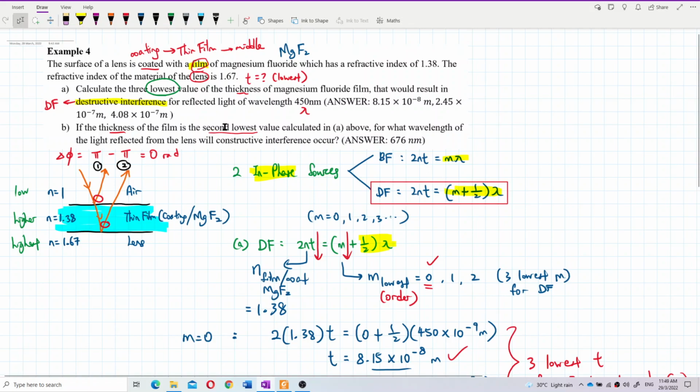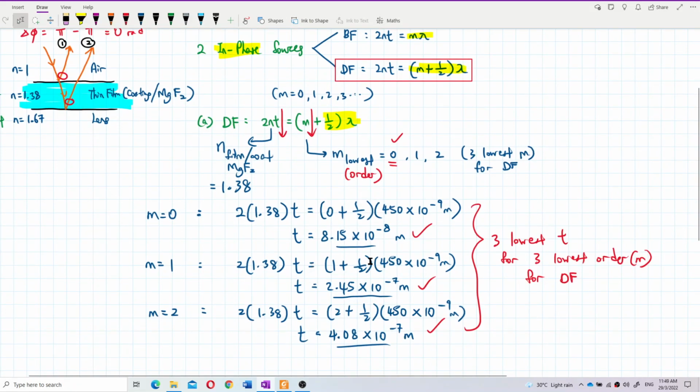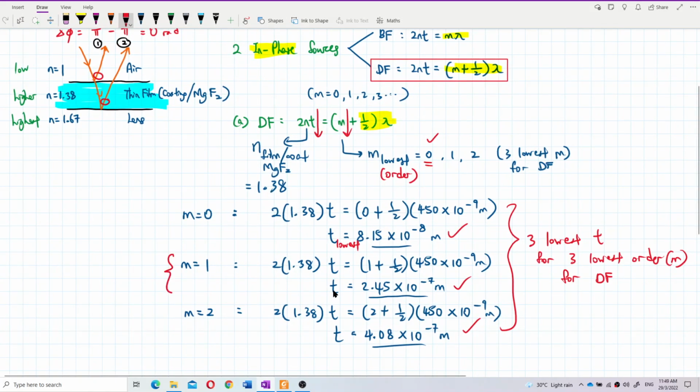What is the second lowest value for thickness? Zero order is the lowest, so this one is the lowest, this one is the highest, and this one is the second lowest.